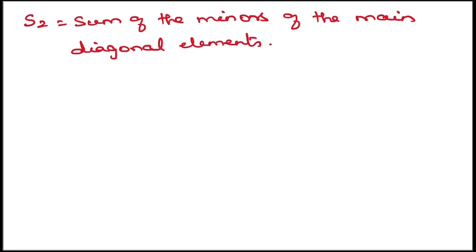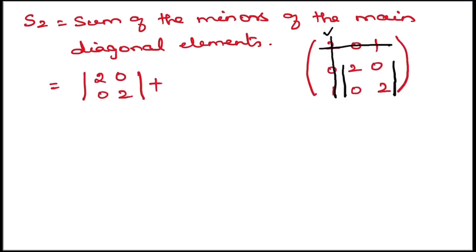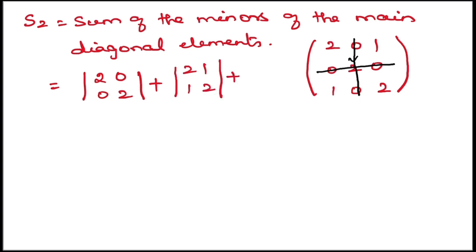S2 is the sum of the minors of the main diagonal elements. So, first diagonal element, that is 2, you get determinant of 2, 0, 0, 2, plus second diagonal element is also 2. So, the row and the column get cut. So, you get determinant of 2, 1, 1, 2.